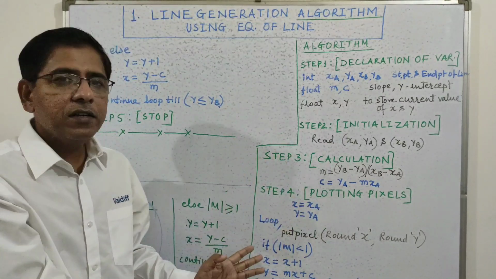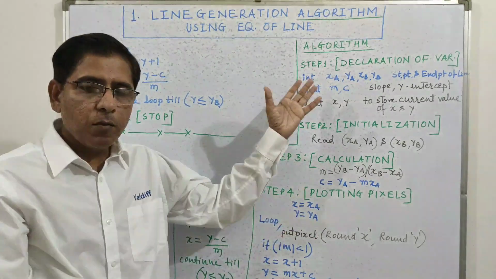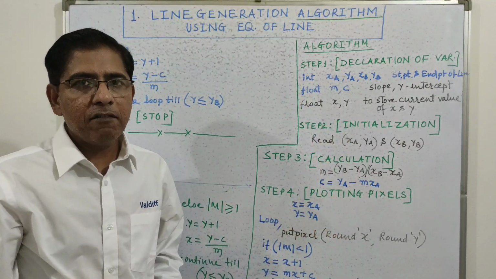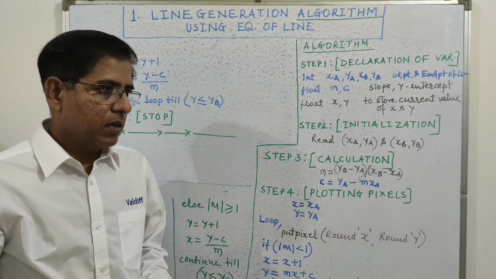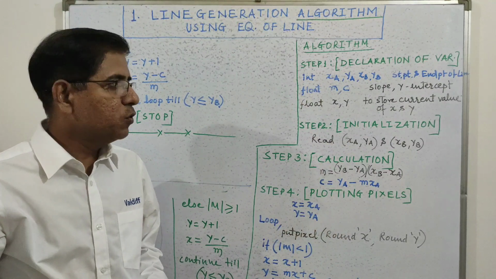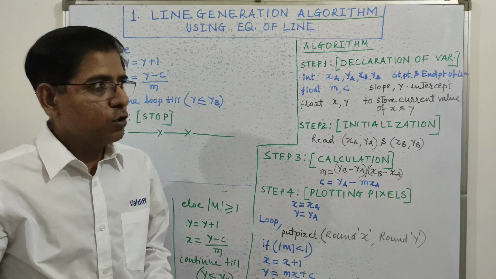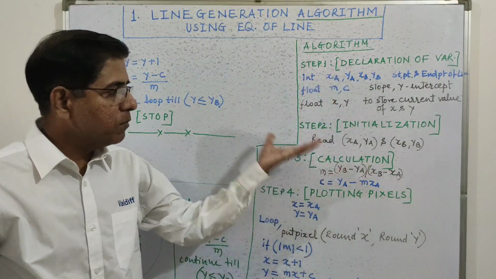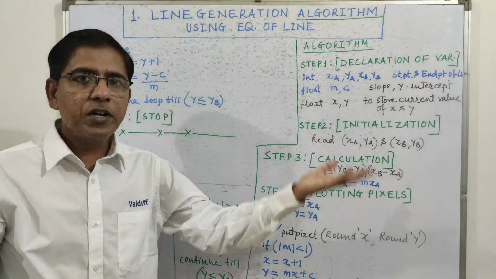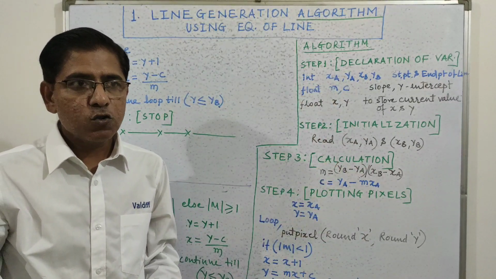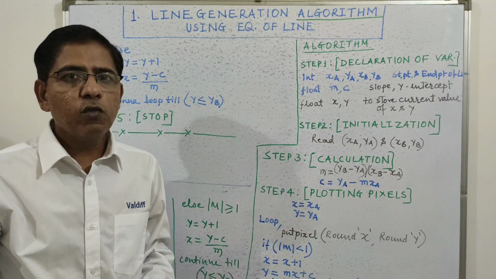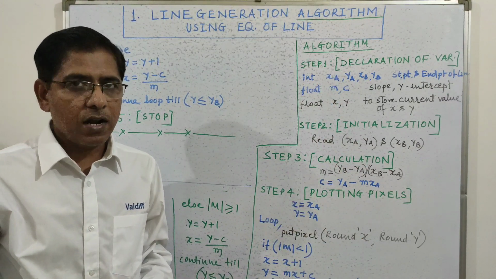Now we are ready to write a program using any programming language. Particularly in our practical sessions we use the C programming language. So using this algorithm we can convert it into a C program. That we will do once the practical sessions start.